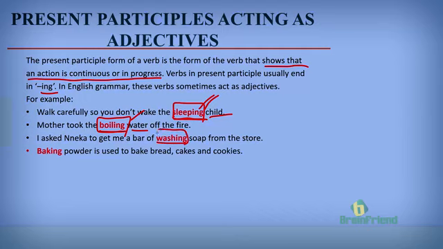Washing is a present participle verb which describes the noun soap, hence making it act as an adjective. And lastly, baking powder is used to bake bread, cakes, and cookies. Baking, which is the present participle here, acts as an adjective which describes the noun powder.